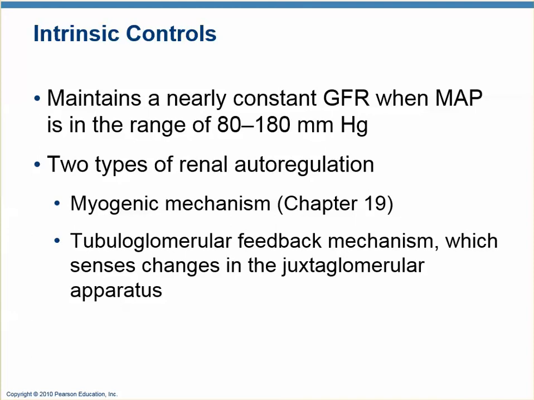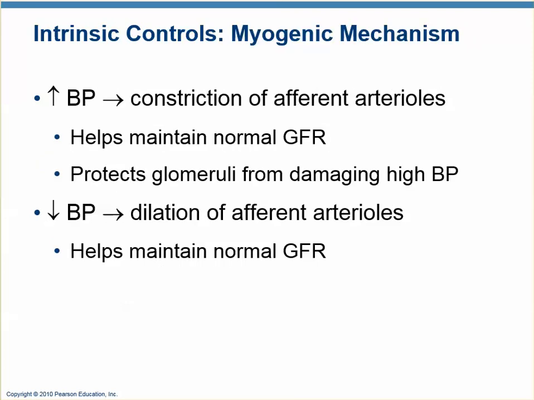Basically, if your blood pressure spikes all of a sudden, because say you've had a fright, and your blood pressure goes way up very quickly, then that surge of blood pressure comes down and stretches the walls of the arteriole, which then contract in response because smooth muscle contracts when it's stretched, and that contraction moderates that spike in blood pressure and maintains the GFR correctly. So that's what this is saying, that increased blood pressure.